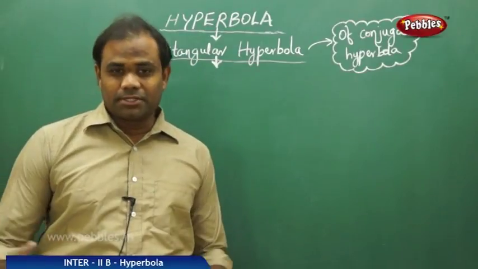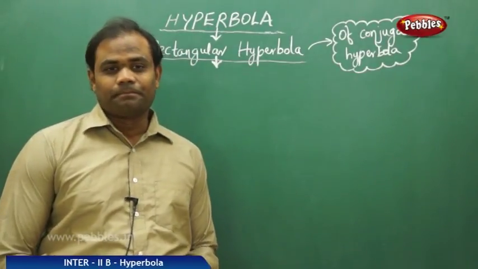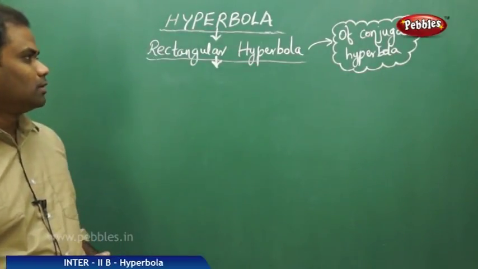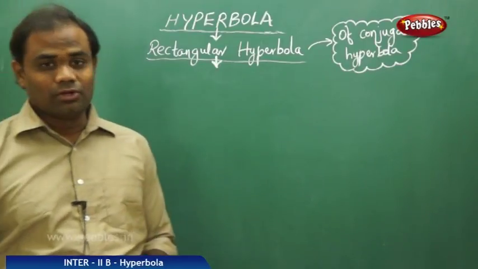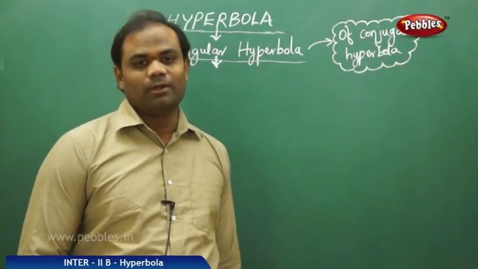Now that we have discussed the rectangular hyperbola, now we're going to discuss how the rectangular hyperbola looks for the conjugate hyperbola.